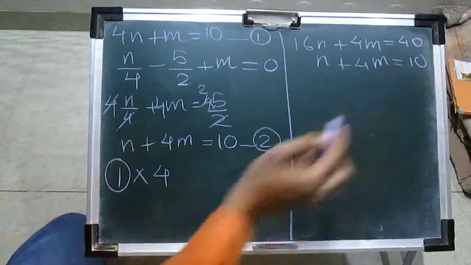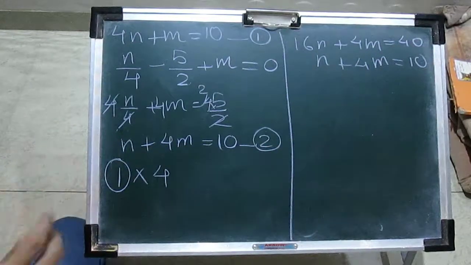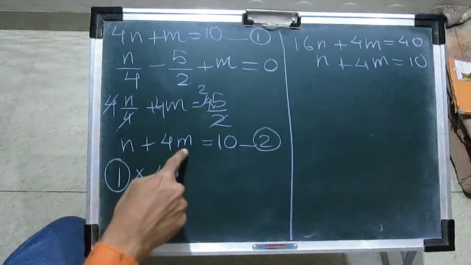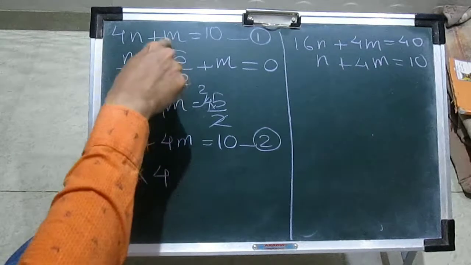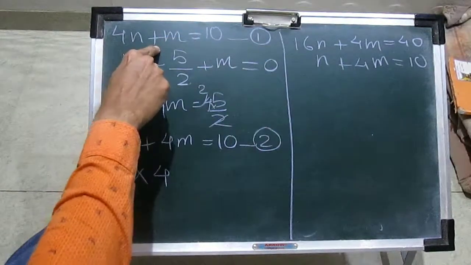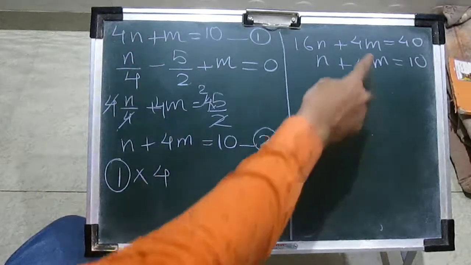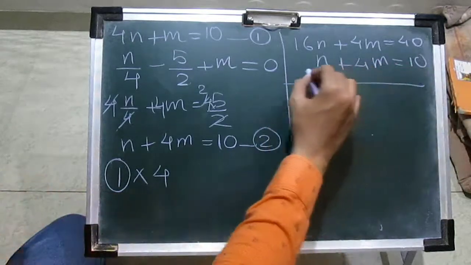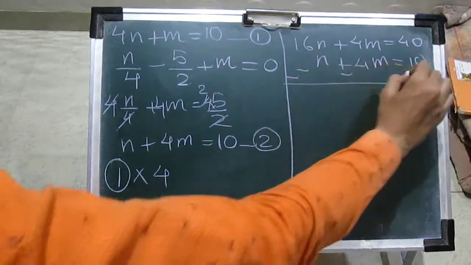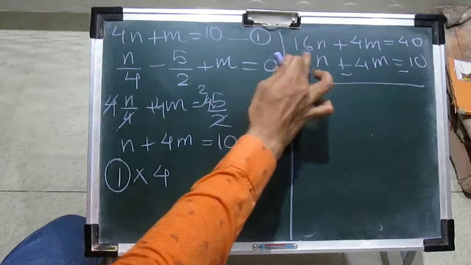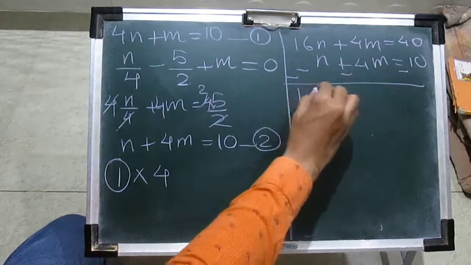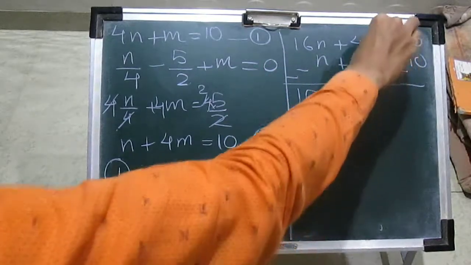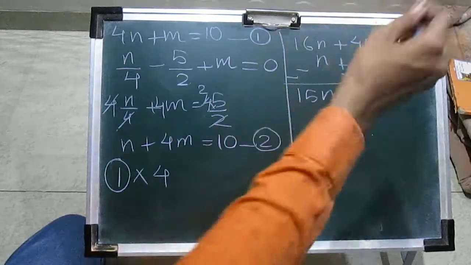We want one of the variables having the same coefficient. Here the coefficient of m was 4, over here it was 1. I multiplied this equation by 4, so both have the same coefficient with the same sign. So I'm going to subtract these two equations. If I subtract, the sign of each of them will change. So it is 16 minus 1 times n, so it is 15 times n. As we required, one variable got cancelled, and on the other side it is 30.